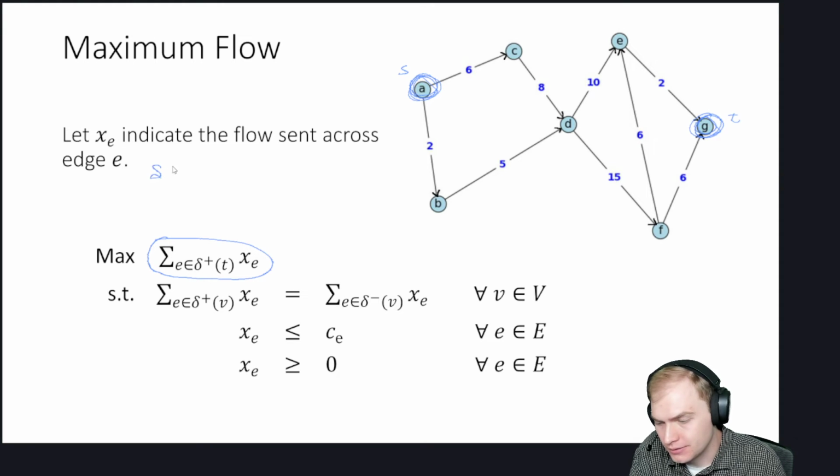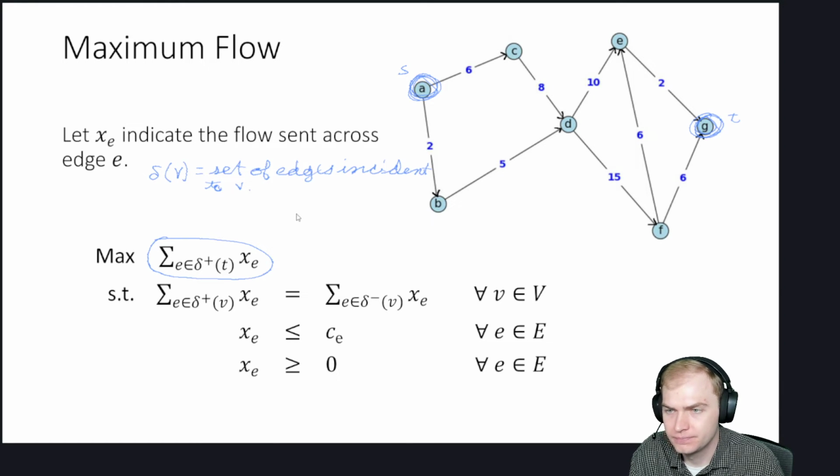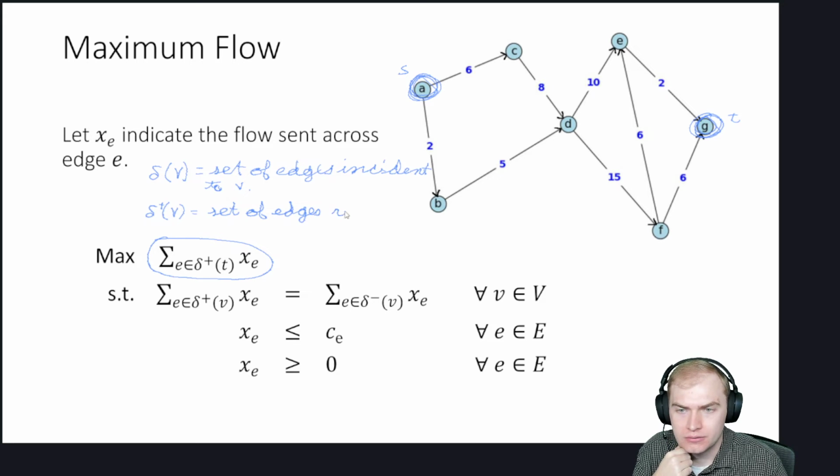So this delta plus, recall that delta at one point of a vertex is the set of edges incident to v. Delta, not d, but delta plus, we use on directed graphs, is the set of edges running into v.